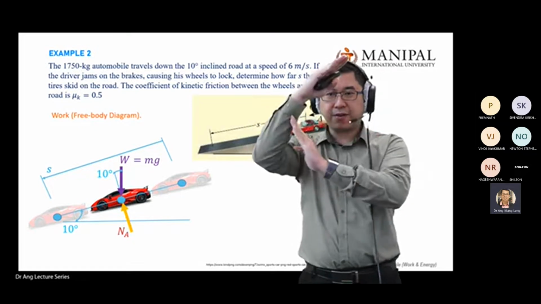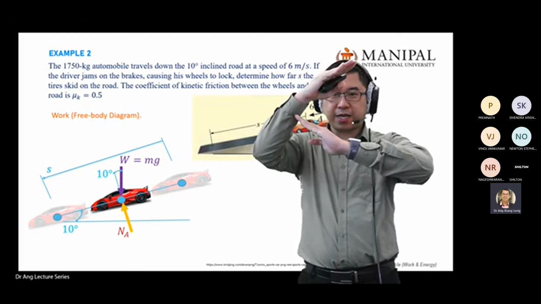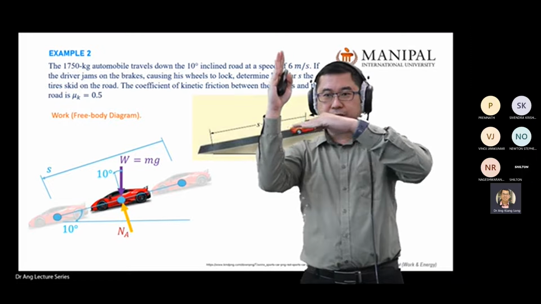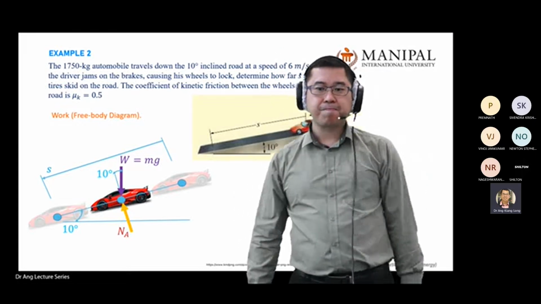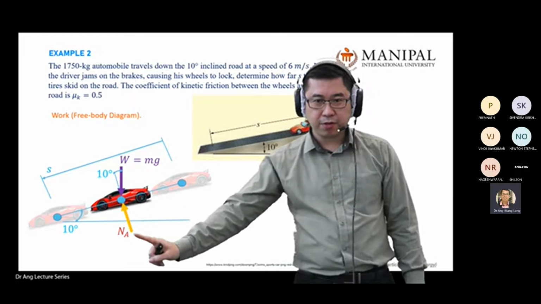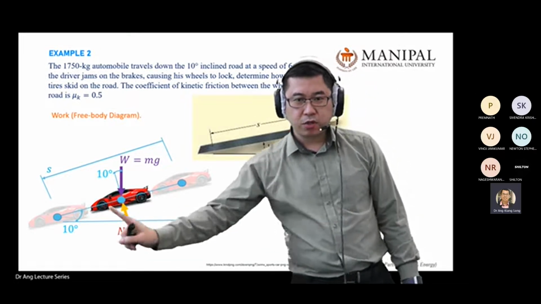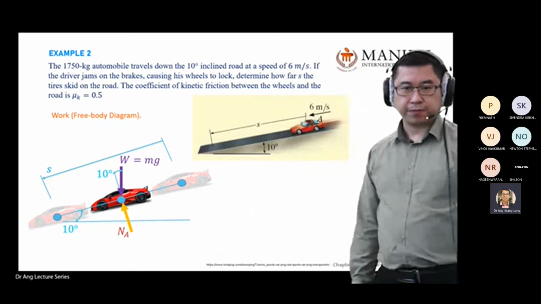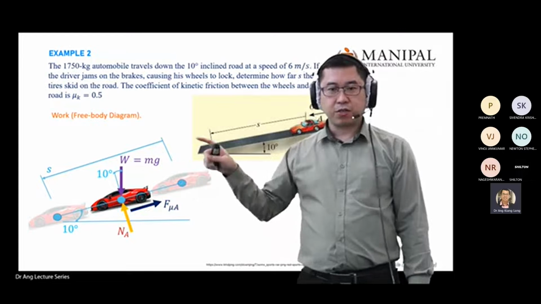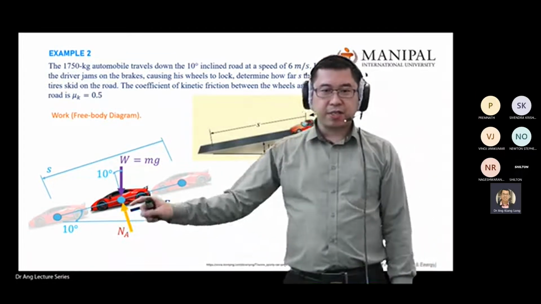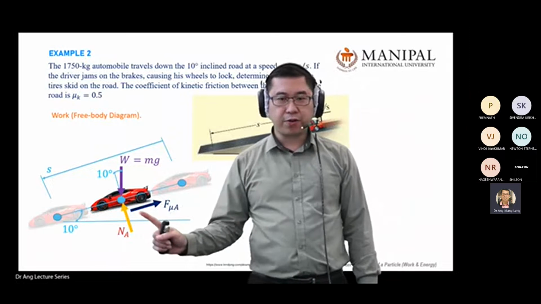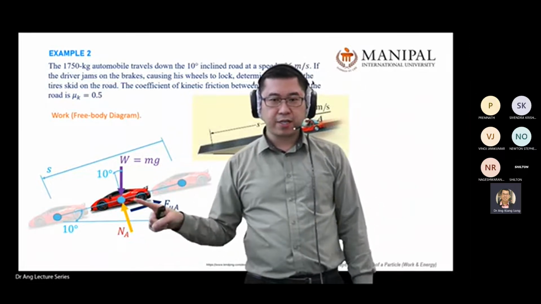No matter how it's slanted, it's always 90 degrees. Even if it goes like this, the normal force will go 90 degrees. This is the behavior of your normal force: always 90 degrees to the surface. Then you know that from this point you jam the brakes, so the car goes in this direction. The friction force goes in the other direction just to stop the car.